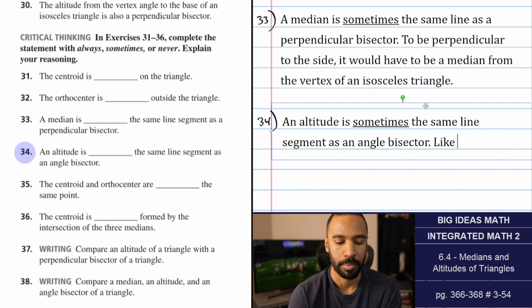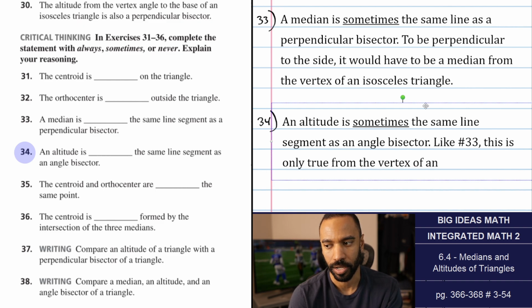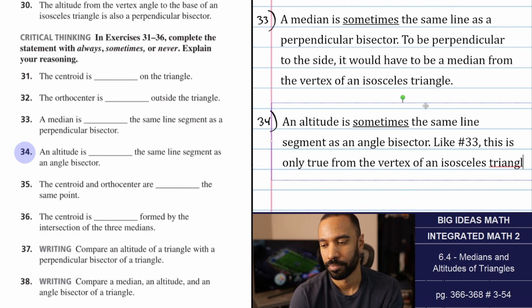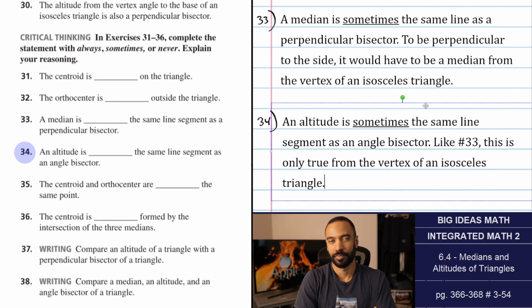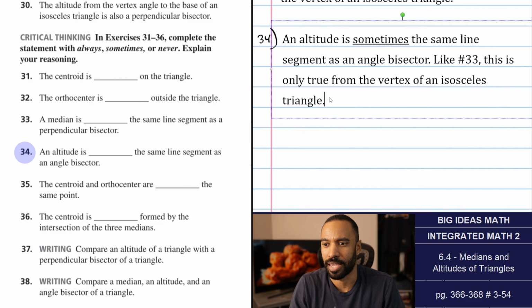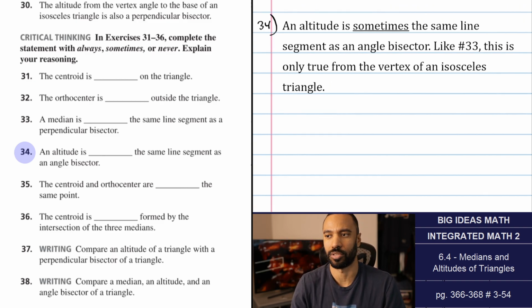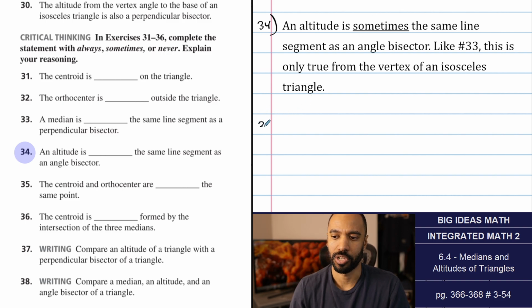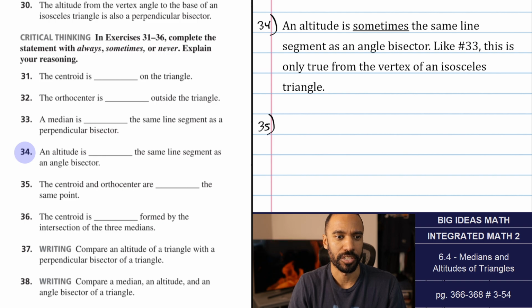Like number 33, this is only true from the vertex of an isosceles triangle, and again, equilateral triangles. I can't think of other times when that is true. I think it's only got to be isosceles triangles. Apologies if I miss thinking about one of the things it can be.